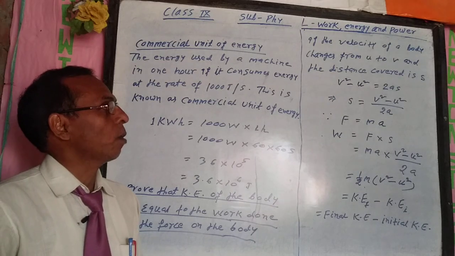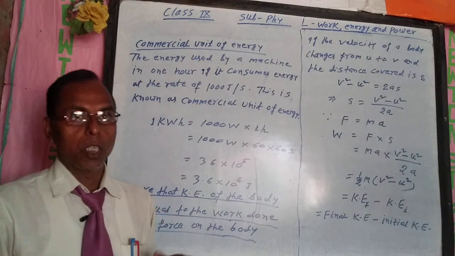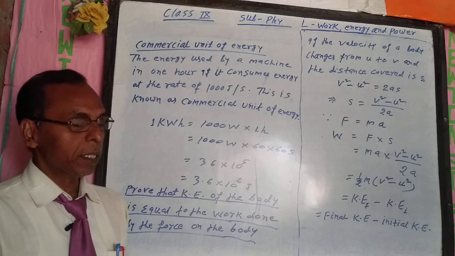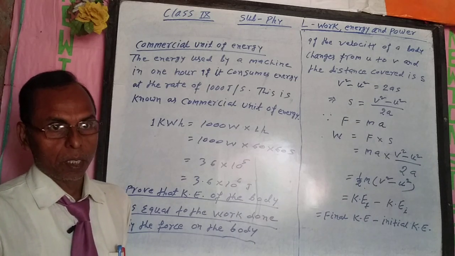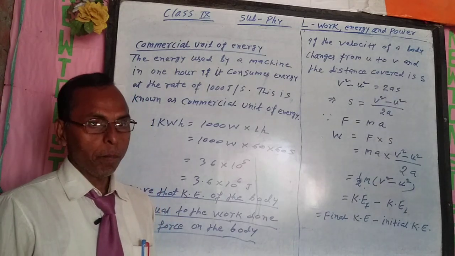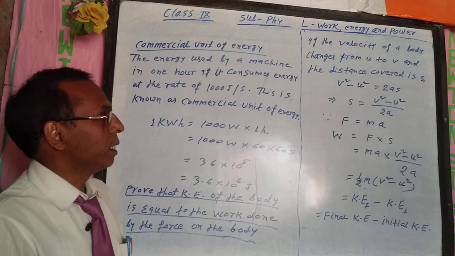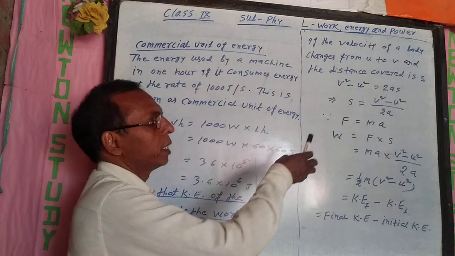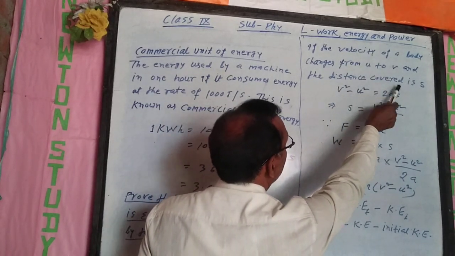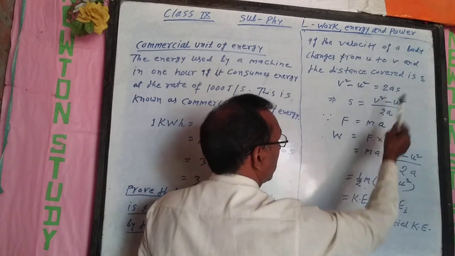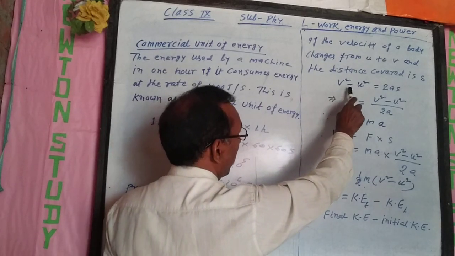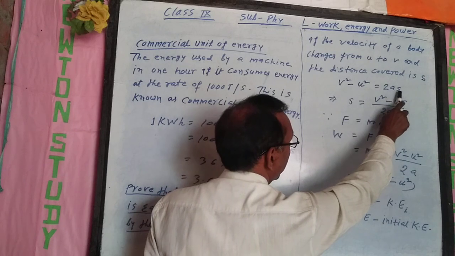If the velocity of a body changes from u to v and the distance covered is s, then from the third equation of motion we can write v square minus u square is equal to 2as.